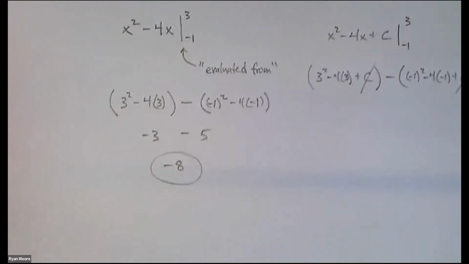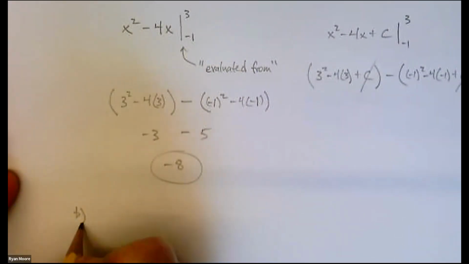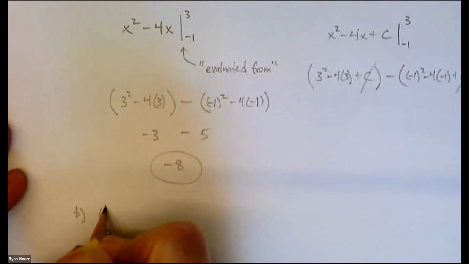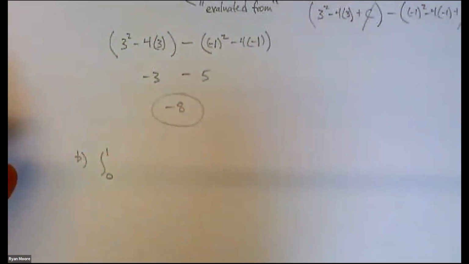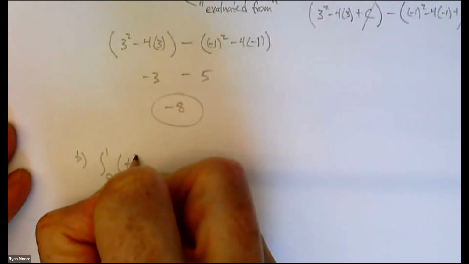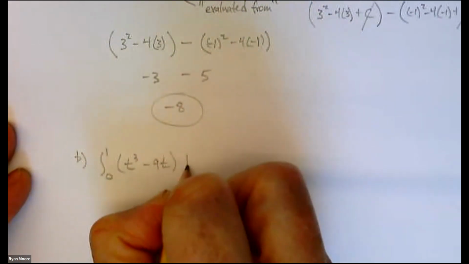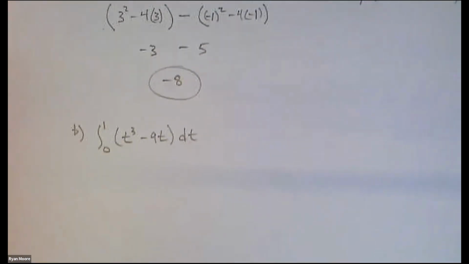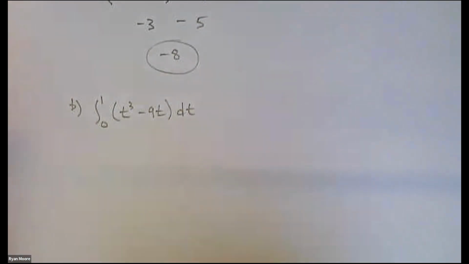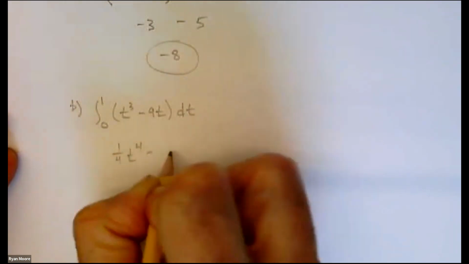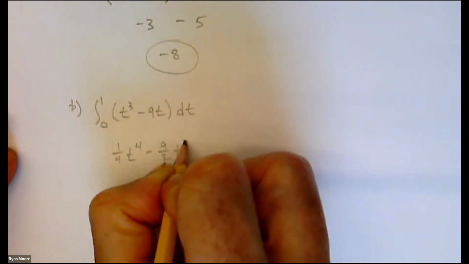Okay, we got our answer. Let's check out part B. This is a new one. The definite integral from 0 to 1, t to the third minus 9t. Okay. All right. Interesting. So antiderivatives, that's 1/4 t to the fourth minus 9 over 2 t squared.